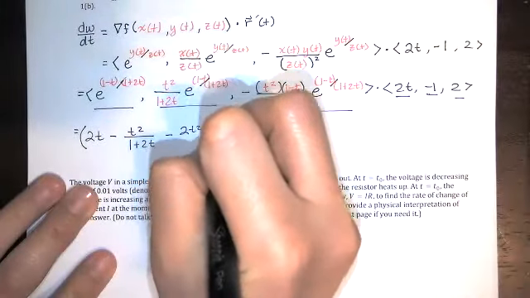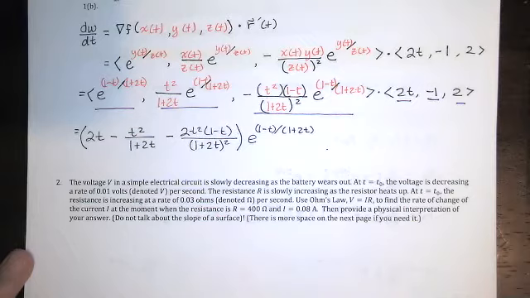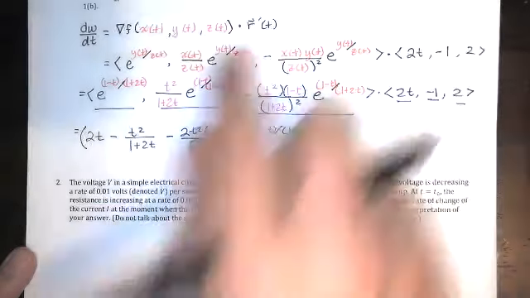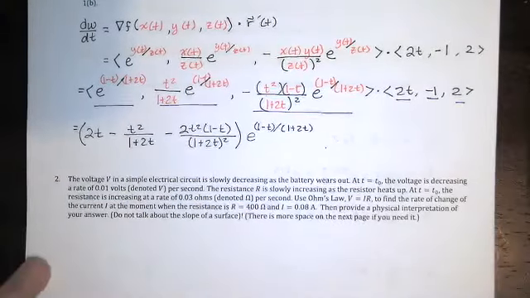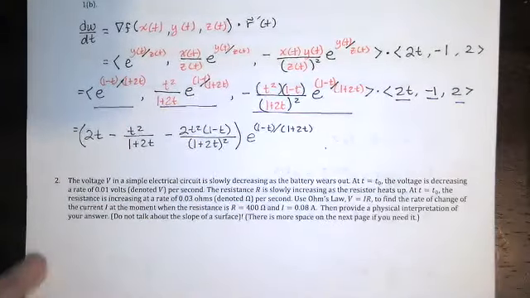Now this may simplify really nicely, but I will never find out because I'm not going to simplify it. I'm just going to leave it alone. That's dw dt. So it's the change in the value of f of x, y, and z as t changes while we're on this curve given by r of t. Okay, so that is the chain rule.